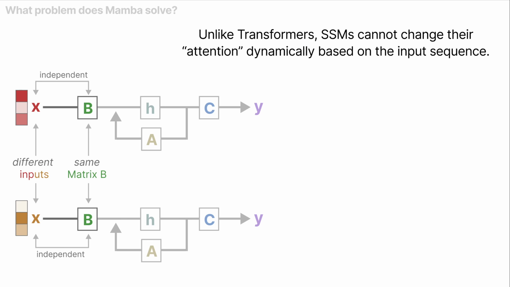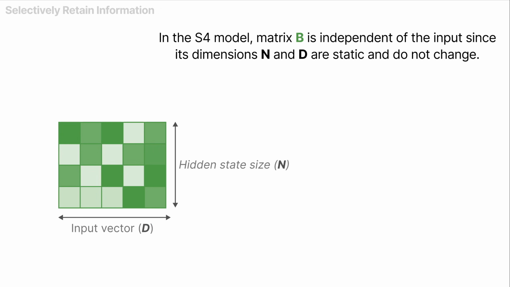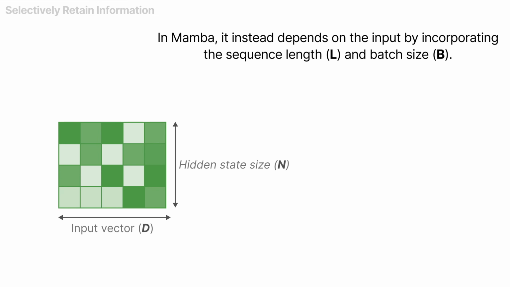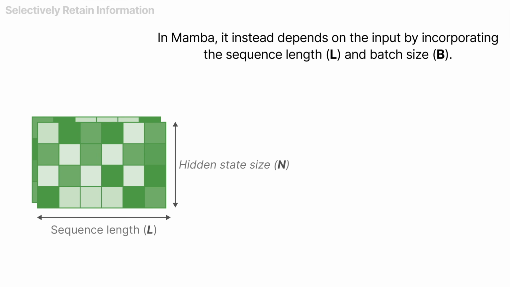Unlike transformers, SSMs cannot change their attention dynamically based on the input sequence. In the S4 model, matrix B is independent of the input, since its dimensions, N by d, are static and do not change. In Mamba, it instead depends on the input by incorporating the sequence length L and batch size B.